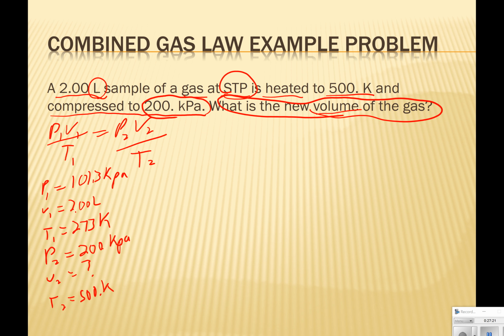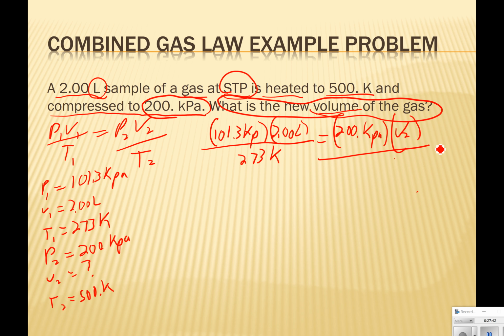We'll plug each of these in. We have 101.3 kPa, 2.00 liters over 273 Kelvin equal to 200 kPa, the V2, which we're going to solve for, and our changed temperature of 500 Kelvin.